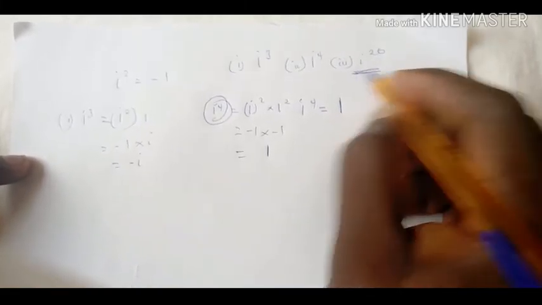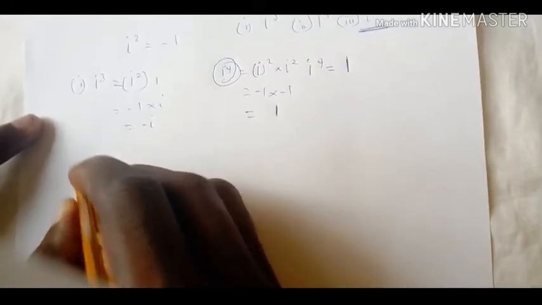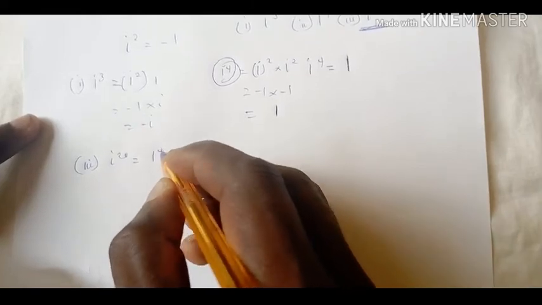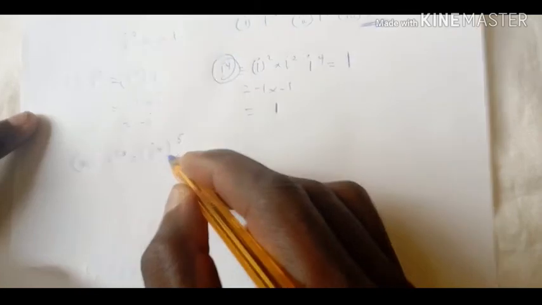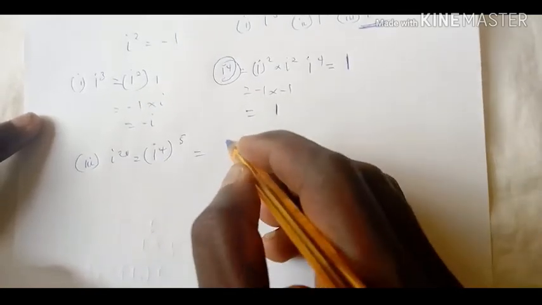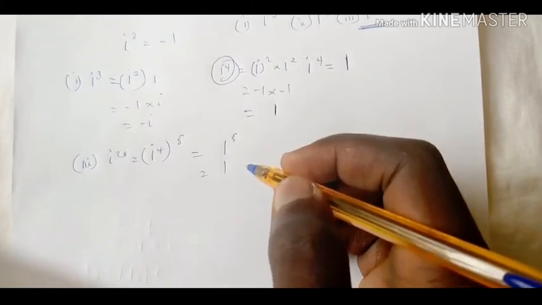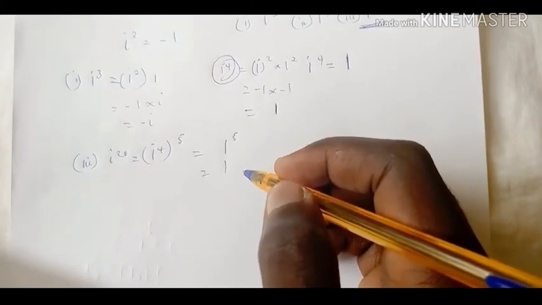That will help us find i to the 20. i to the 20 is the same thing as i to the 4, all to the power 5. You know this to be 1, and 1 to the power 5 is 1. Simple as that.